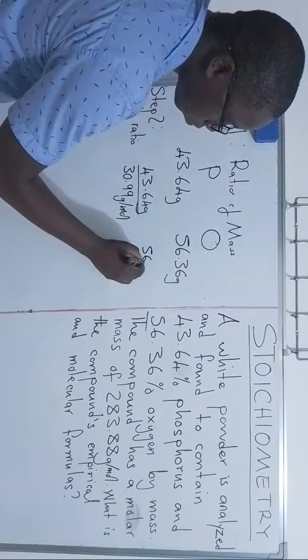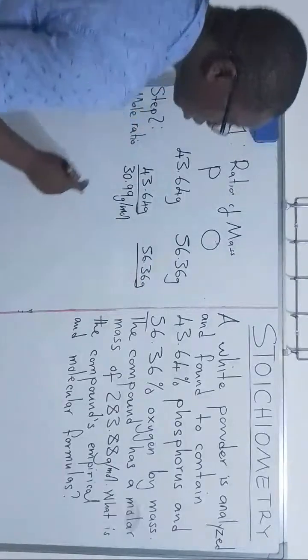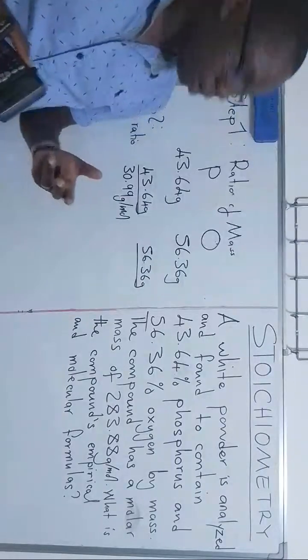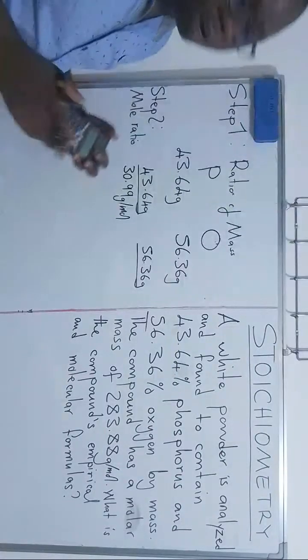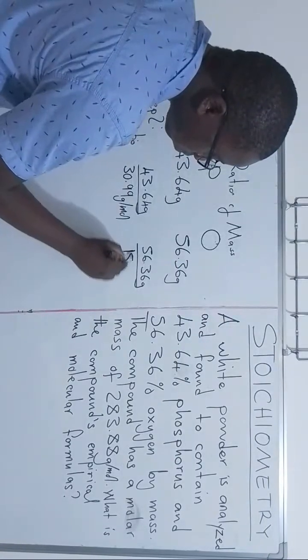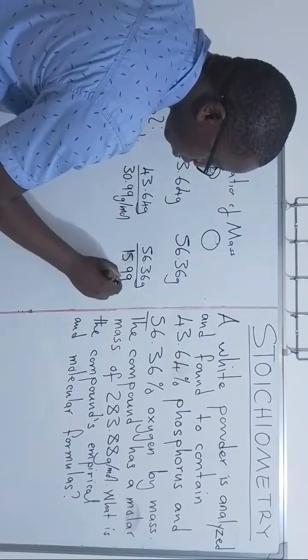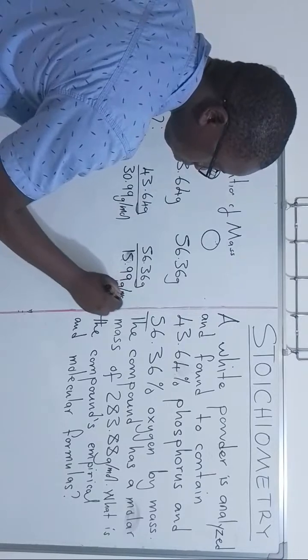Then we come to oxygen, we have 56.36 grams. We are dividing it with the atomic mass of oxygen, which is 15.99 grams per mole.